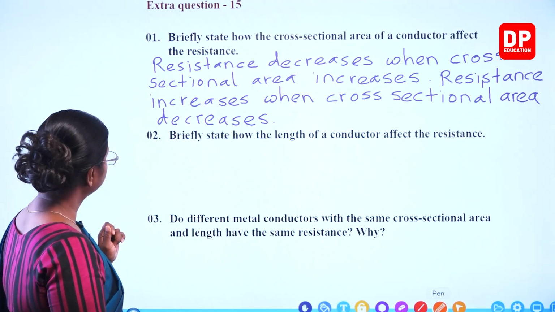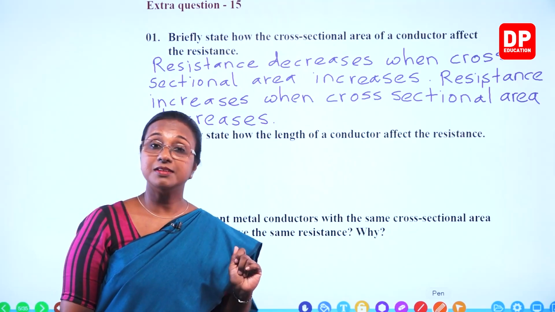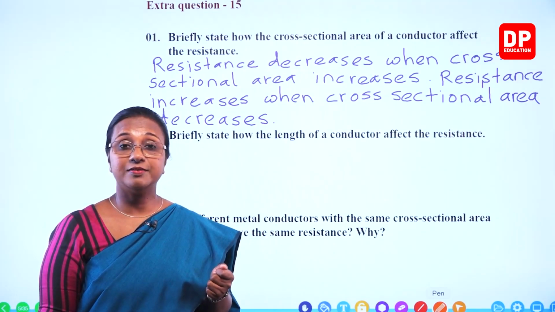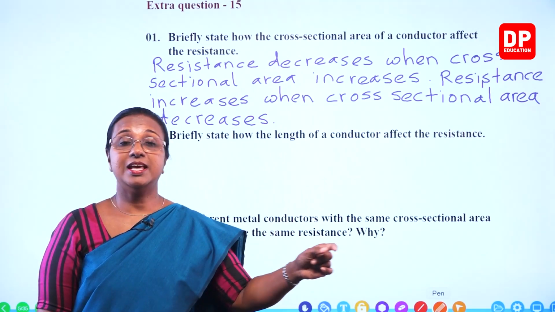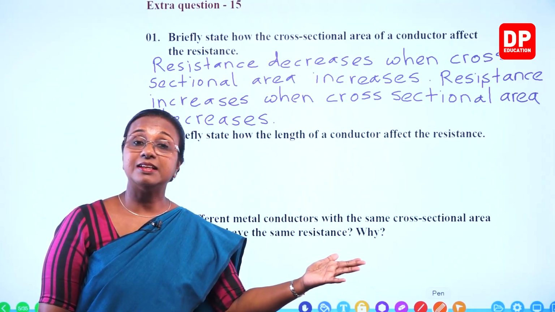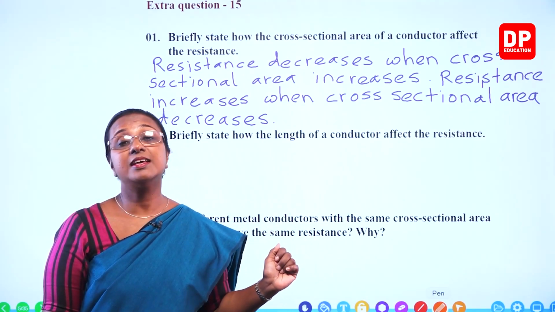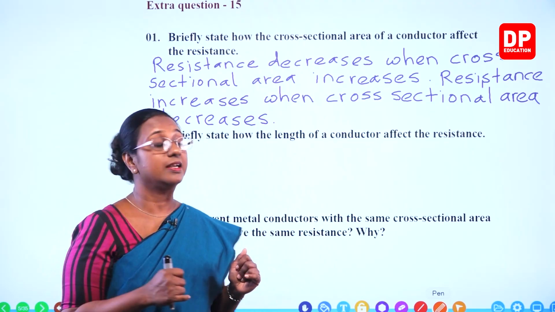Then the second part. Briefly state how the length of a conductor affects the resistance. How does the length affect? When the length increases, for each unit length, you have the same resistance. So, that means when length increases, the resistance increases. So, that will decrease the current flow through the conductor.